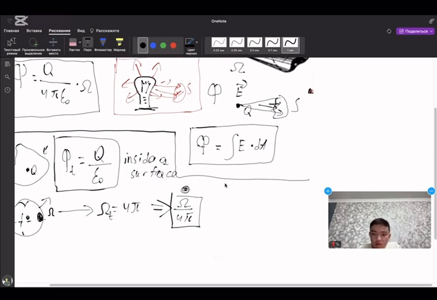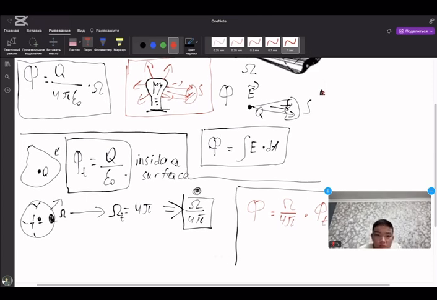Last, we can write this: our flux is equal to the solid angle divided by 4 pi multiplied by the total flux. As you know, the total flux is charge over epsilon 0. Just put it in: the solid angle divided by 4 pi times the charge divided by epsilon 0.